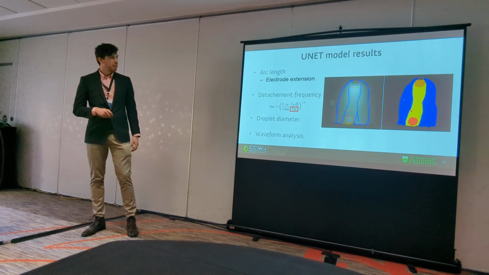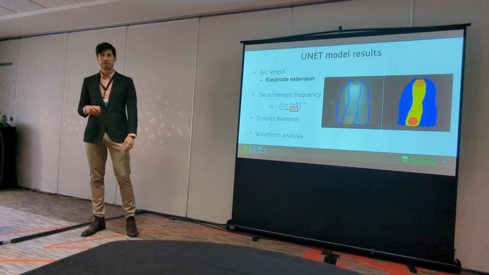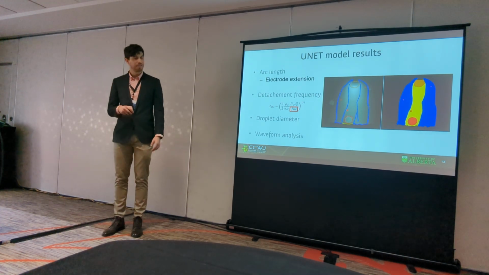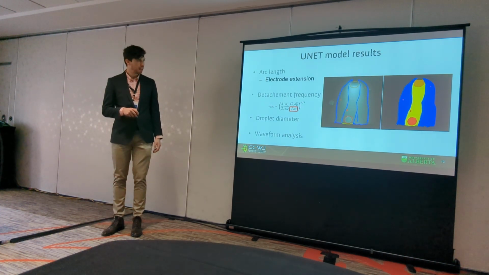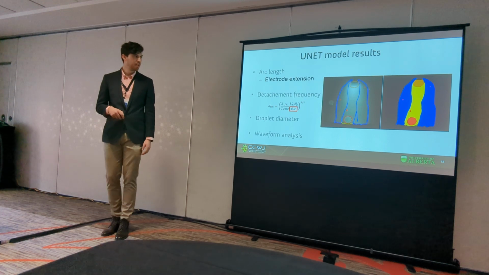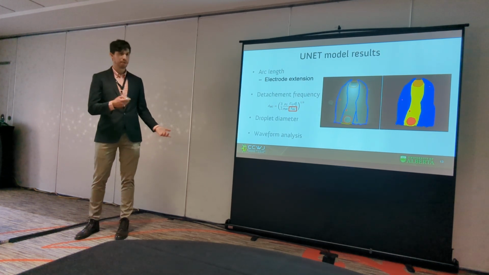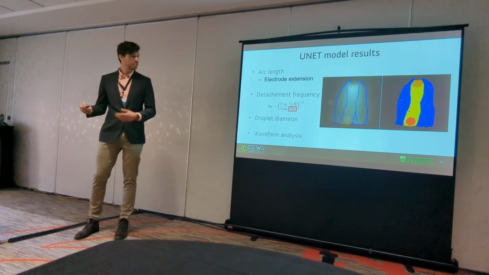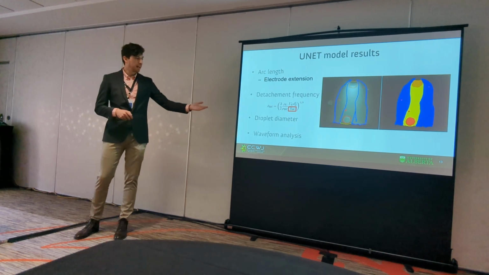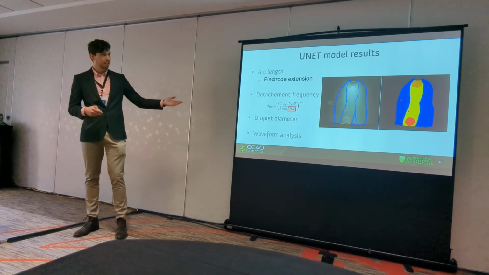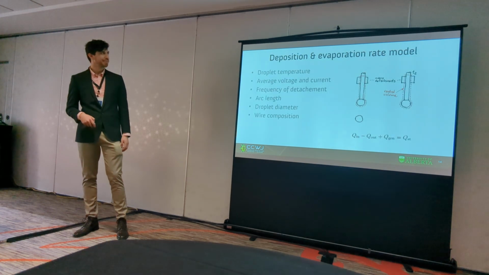Okay, we're going to have the detachment frequency of the droplets. That, well, for a model that we have, we need that value of frequency of detachment. Also, we can get the droplet diameter from each droplet, how they change, and also we can analyze the waveform of all the videos. Okay.